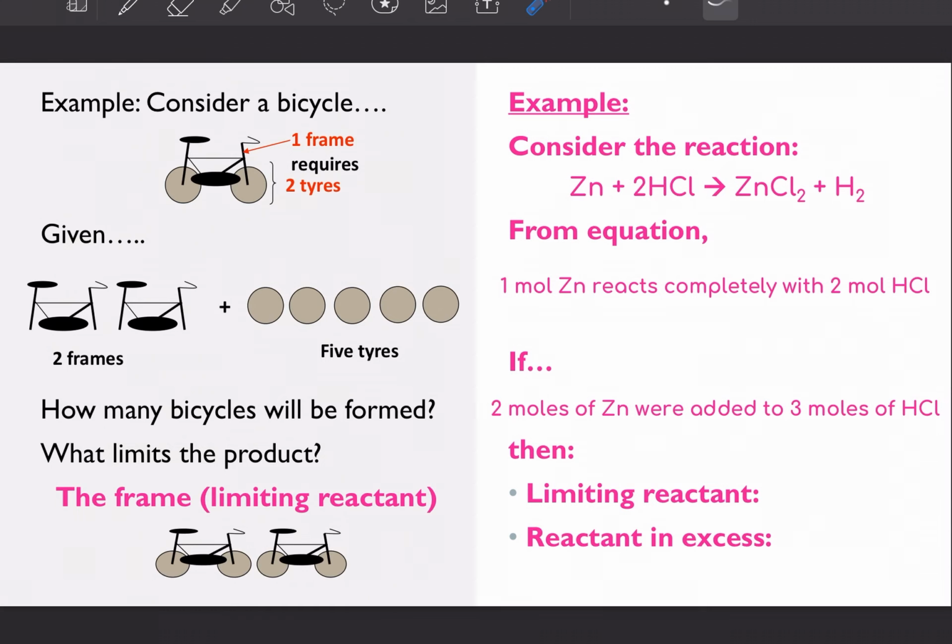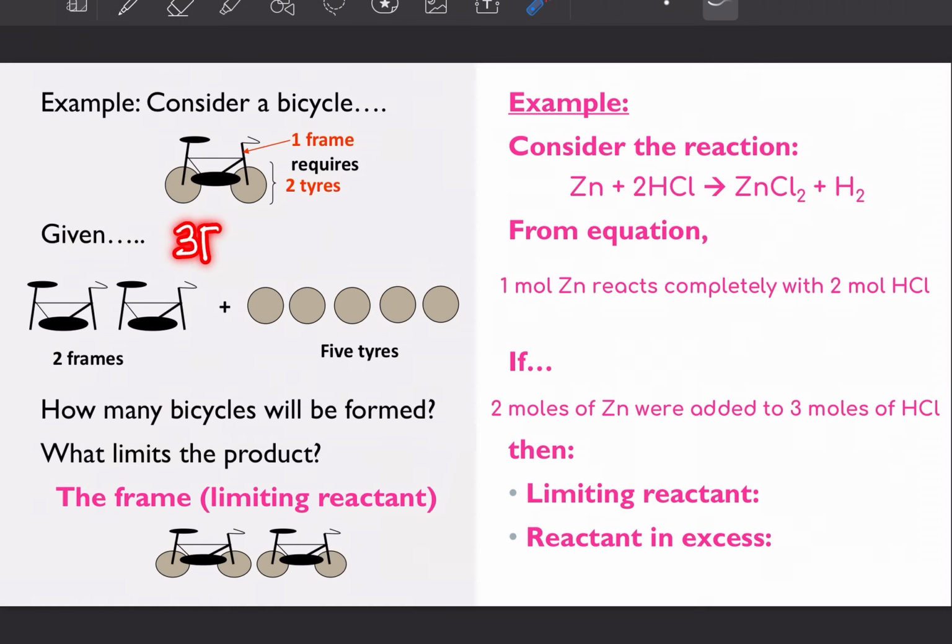So let's say if we have 3 frames and 5 tires, adakah kita akan tengok nombor je? Tak kan? Kita tak tengok nombor ni kan, and kata yang ini adalah limiting reactant kan? Bukan kan?